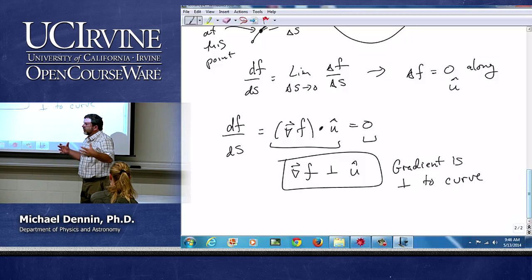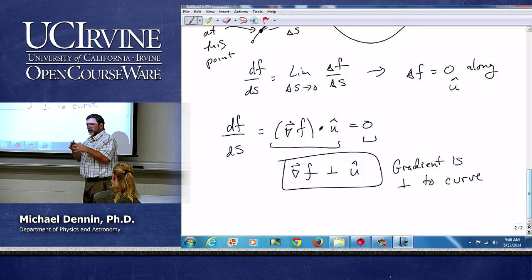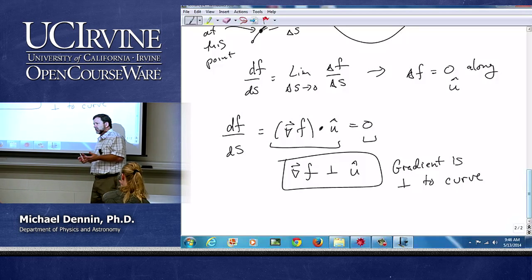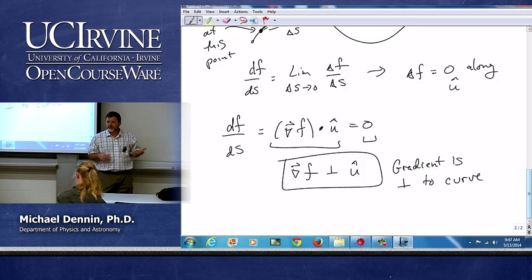So if I do a contour plot, and this is why you've all probably used this somewhere, right? If I'm doing a contour map of something, which are curves of constant values, then the gradients are all perpendicular to those and give you the direction of maximum change, because you're either at a maximum or minimum change.